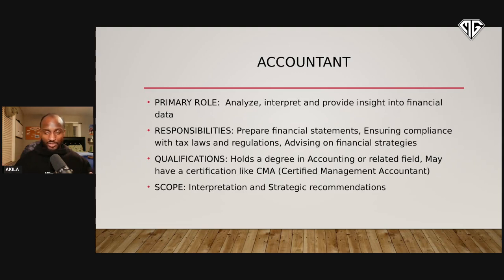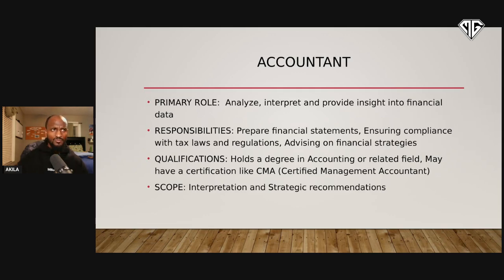Just bookkeeping, strictly bookkeeping. But from my research, an accountant's primary role is to analyze, interpret, and provide insight into financial data. Their responsibilities range from preparing financial statements, ensuring compliance with tax laws and regulations, and advising on financial strategies.